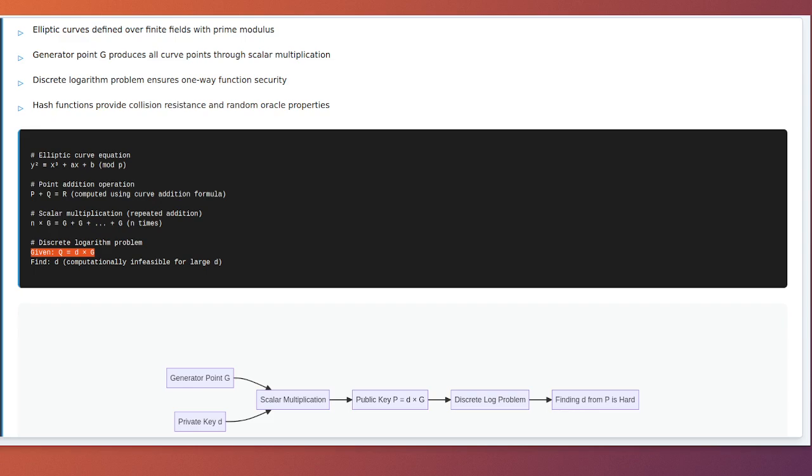This hash function is used in the challenge generation step of the signature protocol, where it effectively transforms the signature protocol into a non-interactive proof through what's known as the Fiat-Shamir heuristic. Understanding these mathematical foundations is crucial because every step of the Schnorr signature algorithm, from key generation through signing and verification, directly relies on these elliptic curve properties and hash function characteristics.